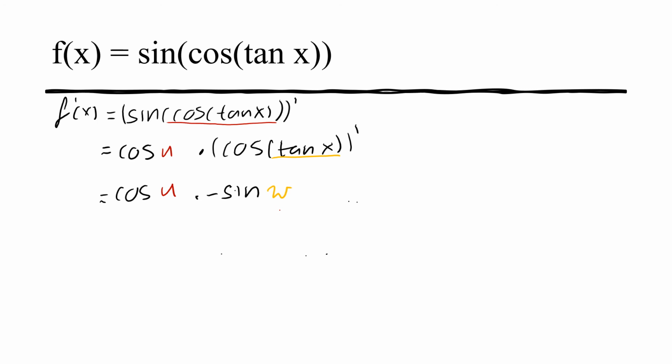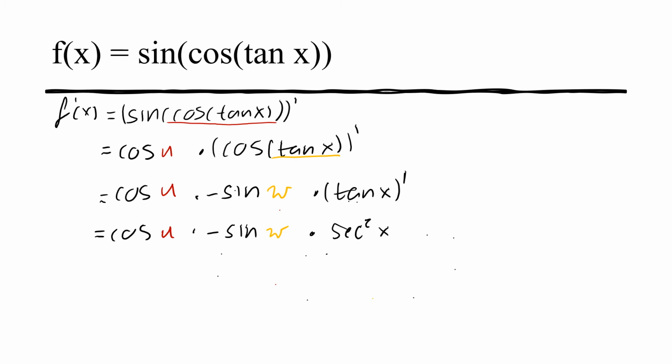And so we know that is tangent x. I'm trying to find the derivative of it. And so that'll have us with cosine u multiplied by negative sine of w multiplied by secant squared x, which is the derivative of tangent.